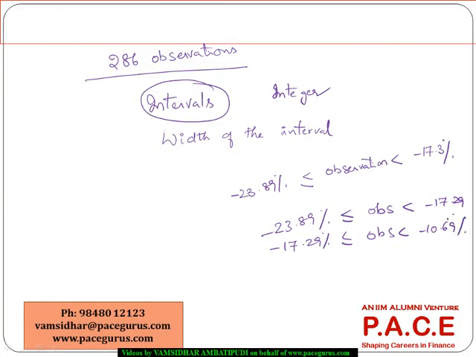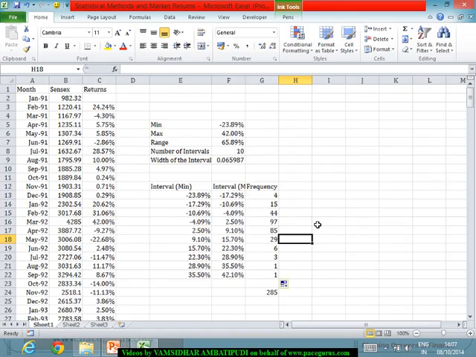So this is how I see the less than here, and the equal to coming into the next group. This is a better way of organizing the data and finally computing the frequency. So these are my intervals, minus 23.89 to minus 17.29 and so on. These are my different intervals.